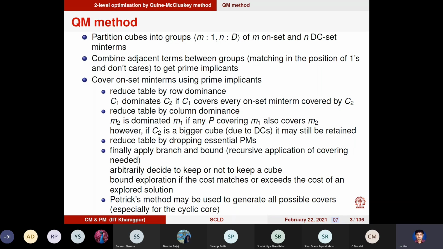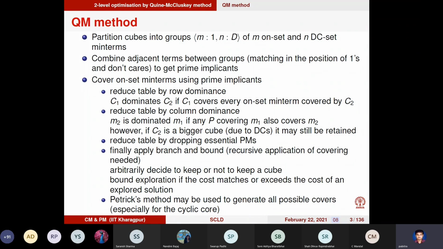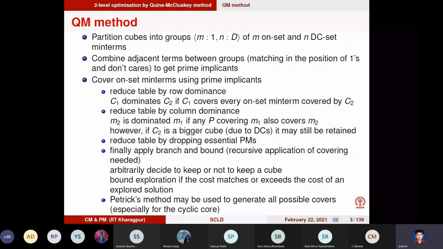So the whole idea of this logic minimization is that you write down the onset and the don't care set. You have to cover all the onset minterms, that's compulsory, and you can, if you want, cover the don't care minterms also.